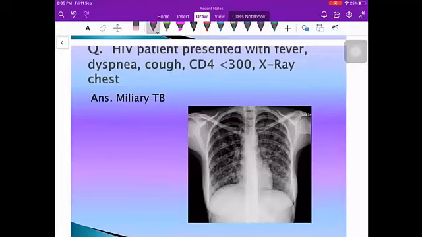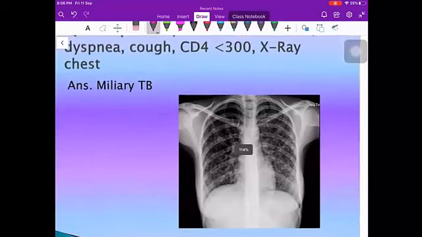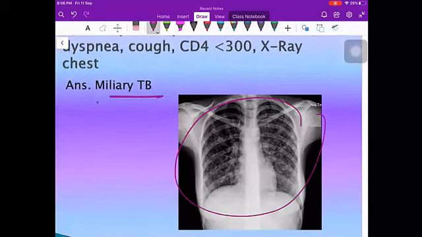And they have asked four options. This is typically a case of miliary tuberculosis. This is a very, very spot diagnosis we used to see in X-rays in final year MBBS.